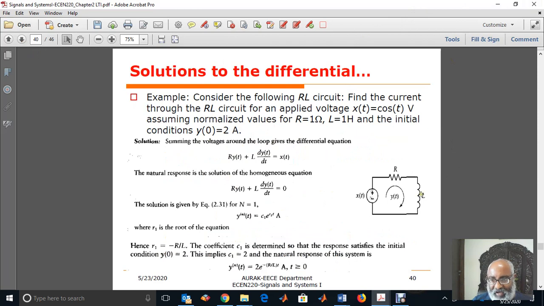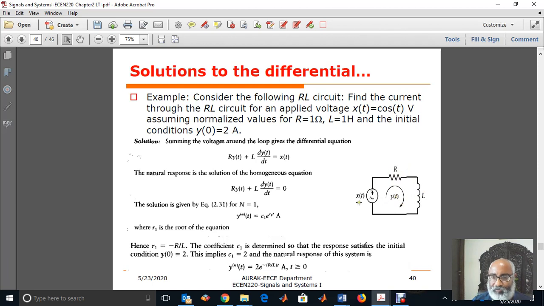This is an RL circuit, a series RL circuit, so this is an application of differential equations for electric circuit analysis. Here is a resistor, and let's say I have a current flowing through this series circuit. This is L, and the output is the current flowing through the circuit, which we call y of t.